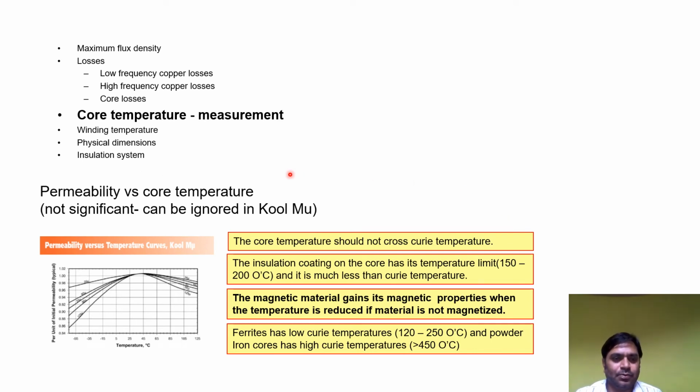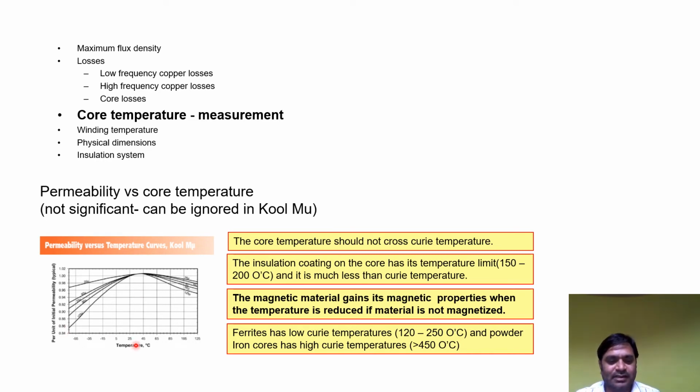Next we are going to talk about core temperature measurement, how to measure the core temperature. So, permeability versus core temperature. When there are losses in the inductors, these losses will be dissipated as heat and the component temperature will increase.